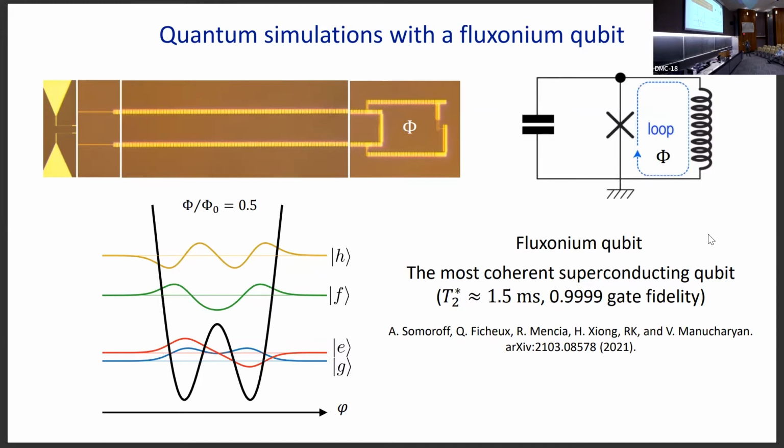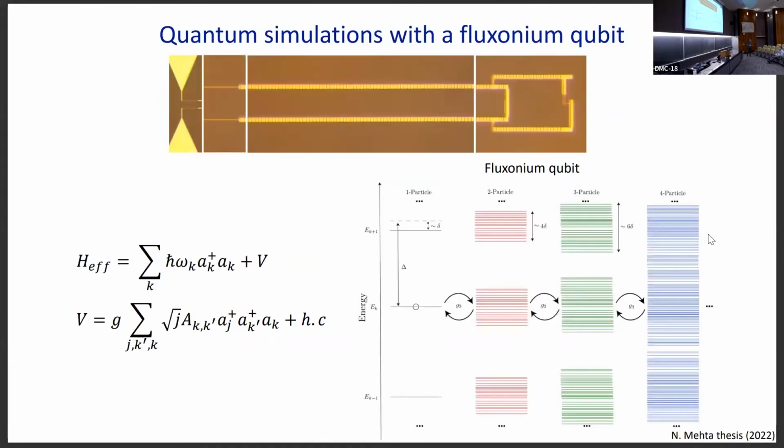So when we couple the fluxonium to this line, what happens? Fluxonium couples to many modes simultaneously, so it's kind of dissolved. You no longer have a qubit resonance, but what you have is an effective Hamiltonian where the first part just describes the waves inside the line, and the interaction coming from the fluxonium takes this three-wave mixing form.